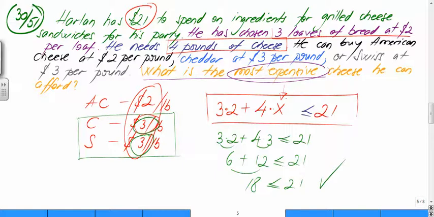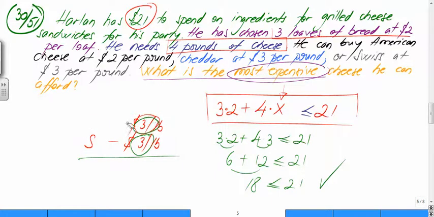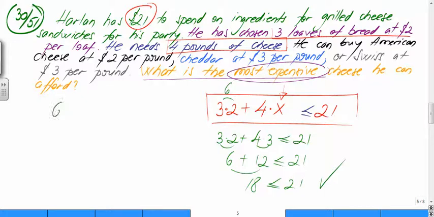Another way would be to solve your inequality. How can you do that? Oh, sorry for the noise. 3 times 2, that's 6. Your inequality is actually 6 plus 4x less than or equal to 21.